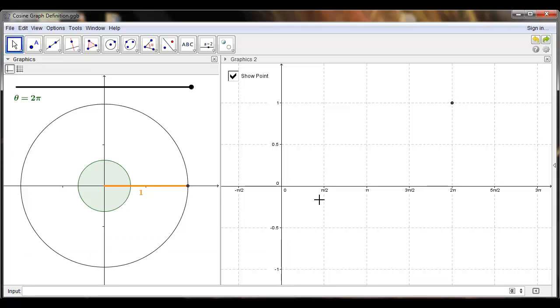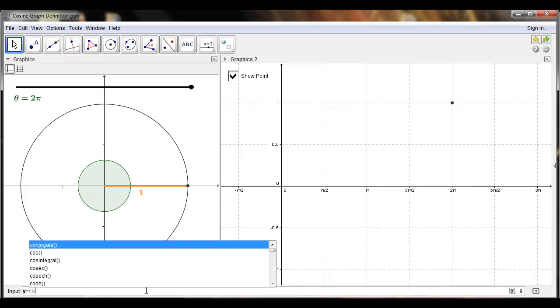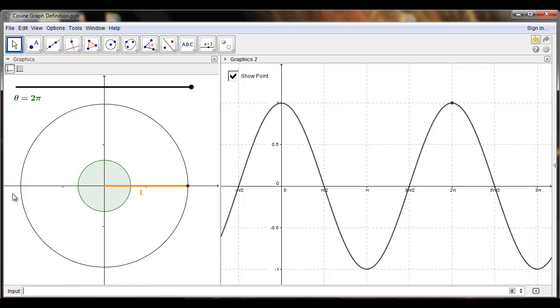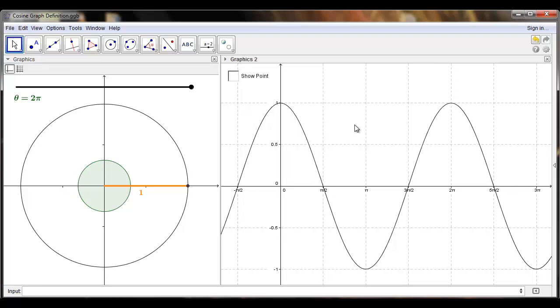Oh, and I put it on the wrong axis. That's better. Okay, we see that this point lies on this curve.